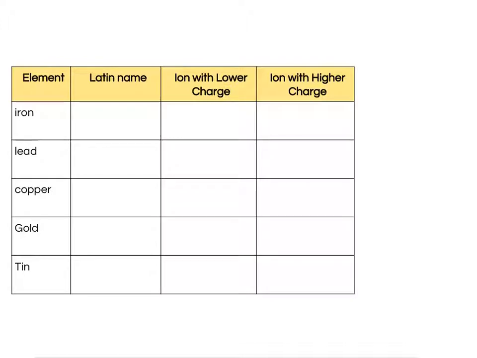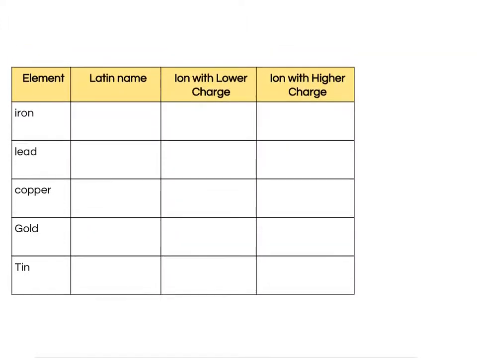So before we carry on with this naming system, let's just go through the basic Latin names. If I have iron, iron would be ferrum.